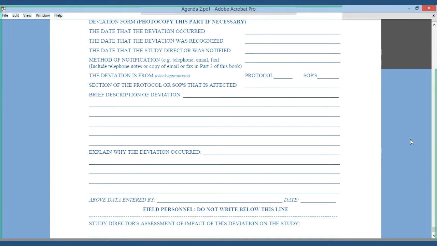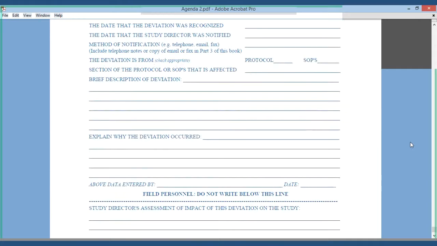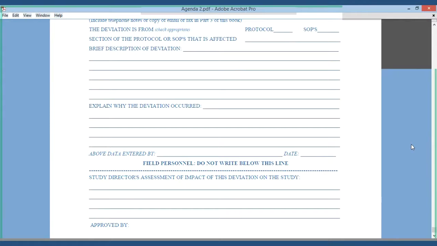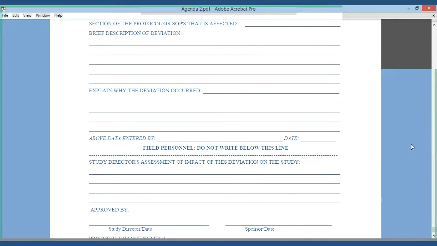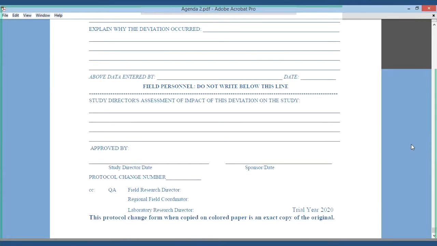And what is this a deviation from? Is it a deviation from a protocol, or is it a deviation from an SOP? Do you indicate the section of the protocol that was affected? Okay. A description of the deviation, explain why, and then it's up to the study director to say whether or not this deviation was acceptable.